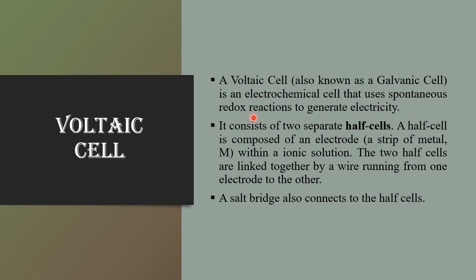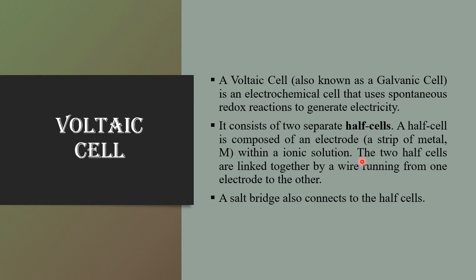There are different parts of this voltaic cell. Most important, it consists of two separate half cells. Each half cell has an electrode. We know that an electrode is basically a strip of metal, and it is immersed inside the electrolyte solution, that is, the solution of our sample.